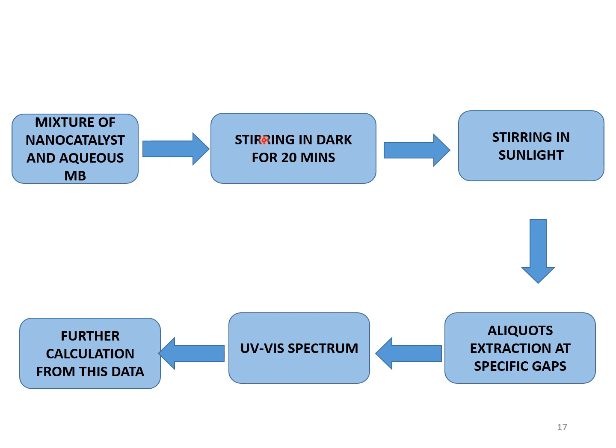Then stirring is done in dark for 20 minutes. Then stirring is done under sunlight, and the solution obtained contains the degraded dye products.